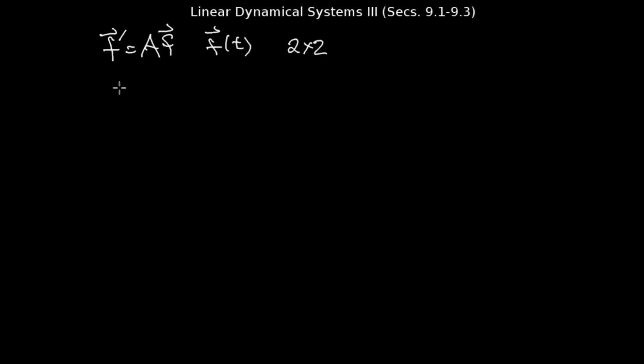And I talked last time about stability, and the issue is the following. You have this solution right here, the constant solution f of t is simply the 0 vector, just sits right there. That's a solution.